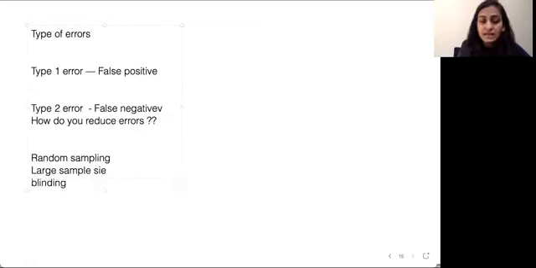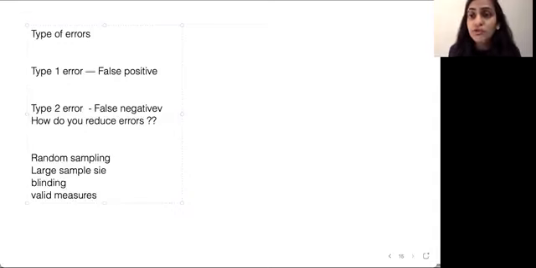You use blinding, correct? So the researcher or the subject does not know the outcome. That's called blinding. And you use valid measures. Okay, you use valid measures. So valid and reliable measures, accurate instrument. This is how you're going to stop these errors.